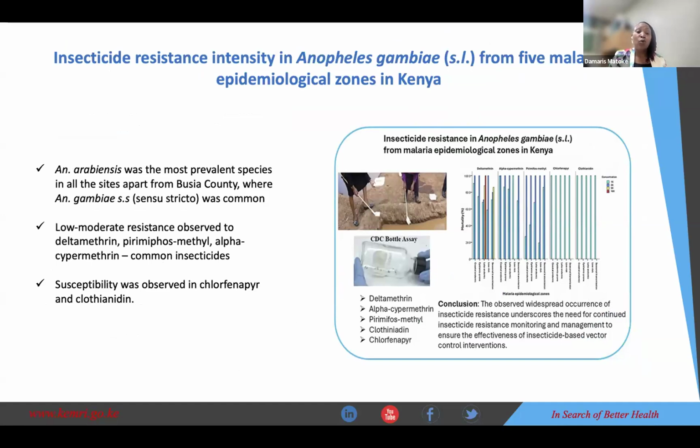But we were able to document that there is low to moderate resistance, which we observed in deltamethrin and permethrin and also alpha-cypermethrin, which are the common insecticides that are used. But we realized that this vector was susceptible to chlorfenapyr and also clothianidin.